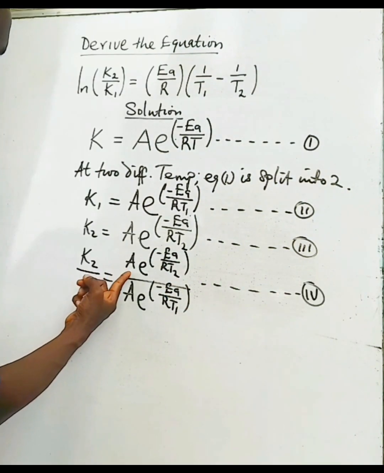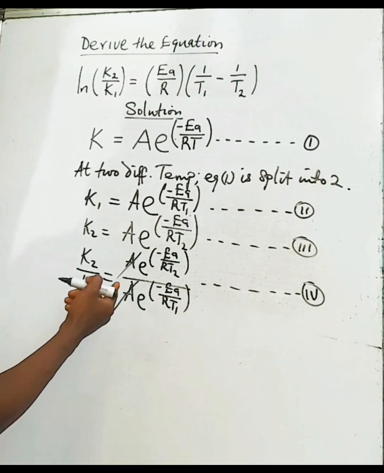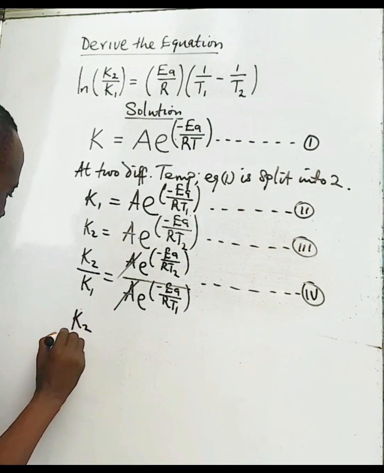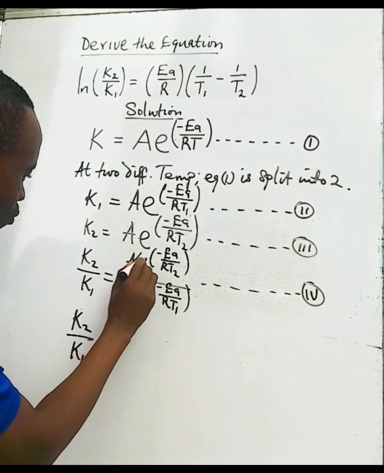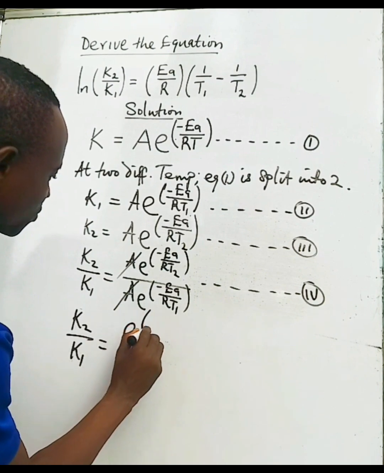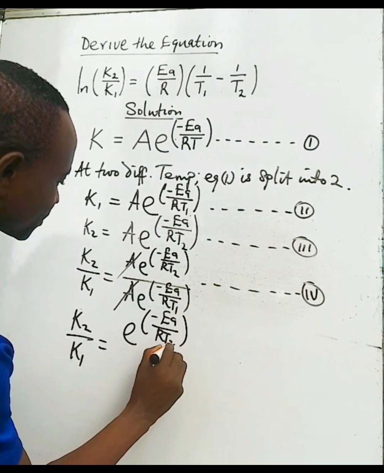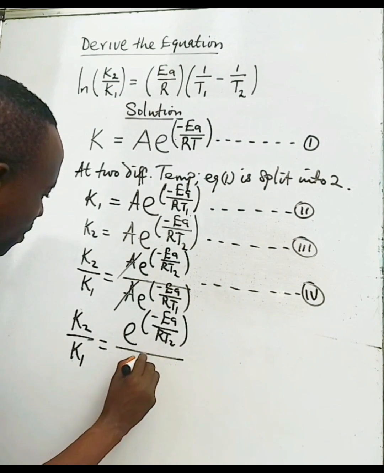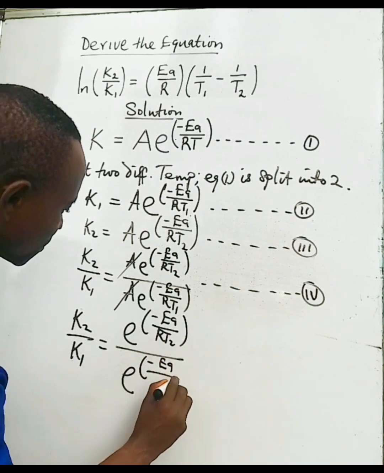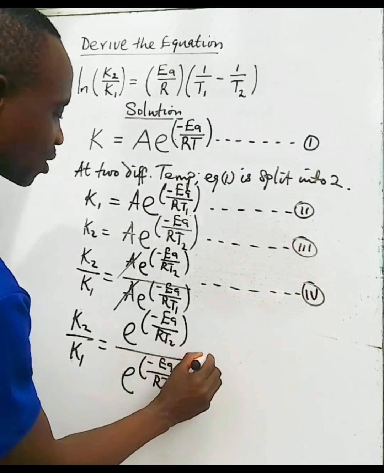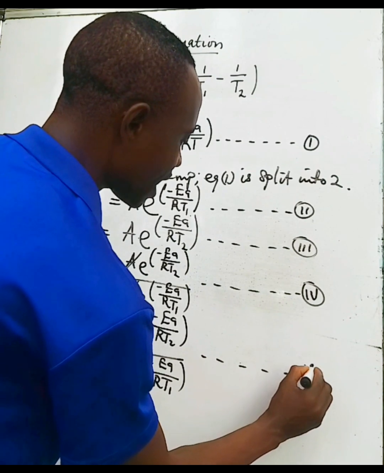The frequency factor up there and down there are going to cancel each other. K2 over K1 equals e raised to the power minus EA over RT2 divided by e raised to the power minus EA over RT1. We call this equation 5.